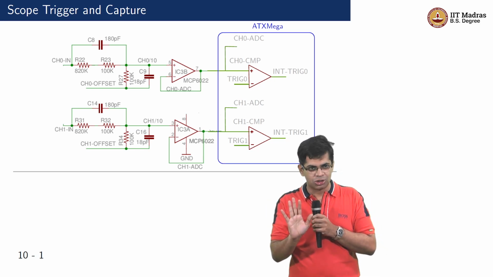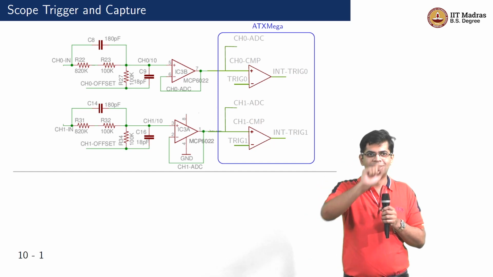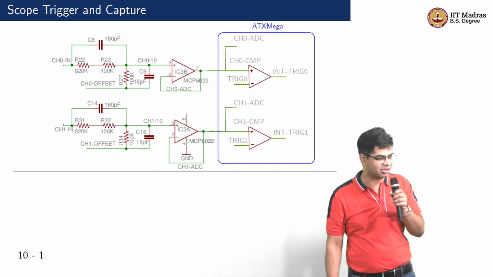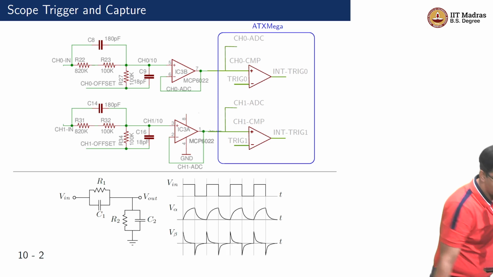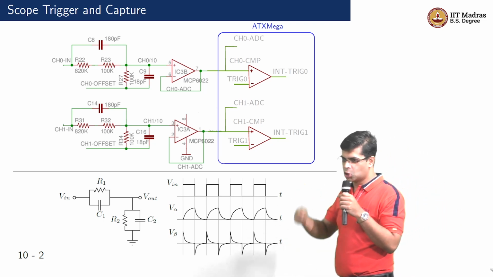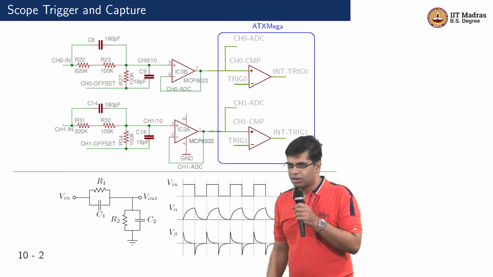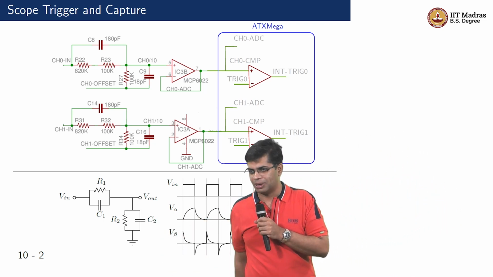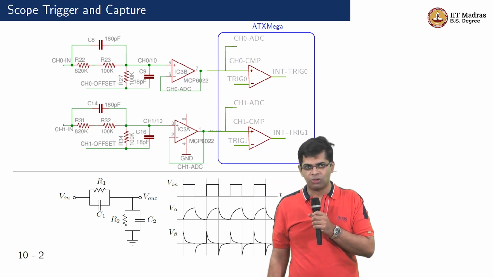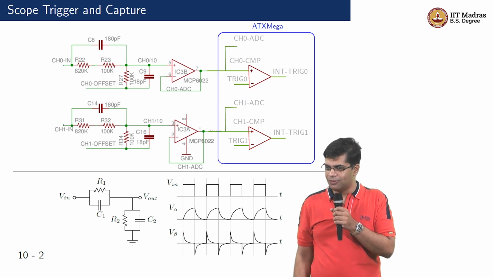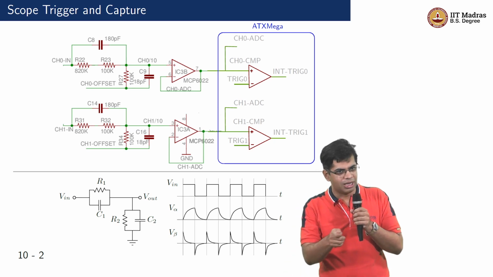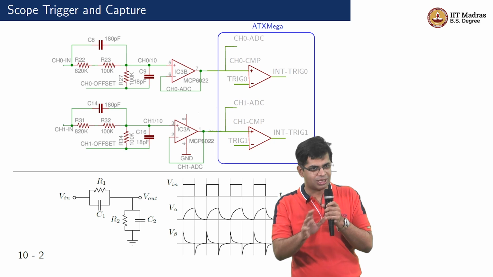Okay, understood? Now a question about the capacitor. So what are the capacitors doing? Okay, so this is a very common issue and this is referred to as scope compensation. Your wires usually have some capacitance. So typically in an oscilloscope, what will happen is, if your scope is not properly, the technical word is called, compensated.